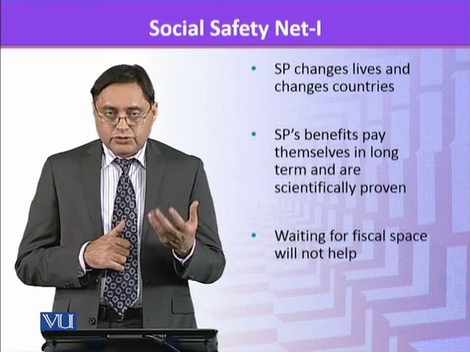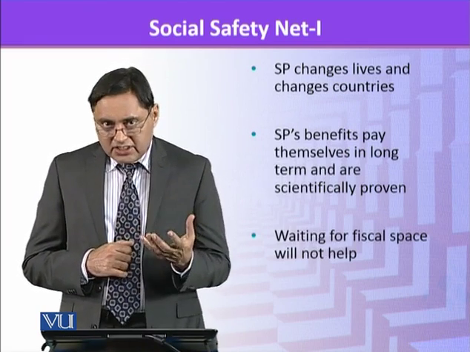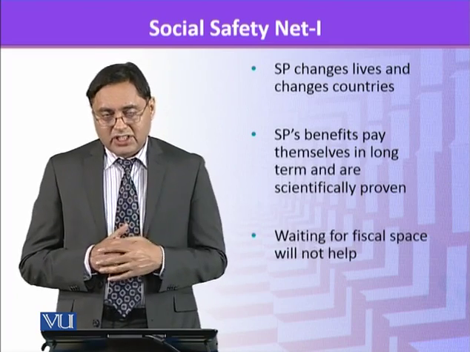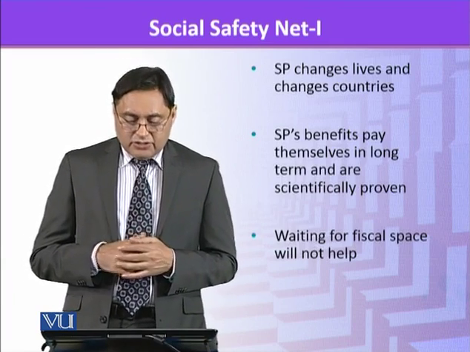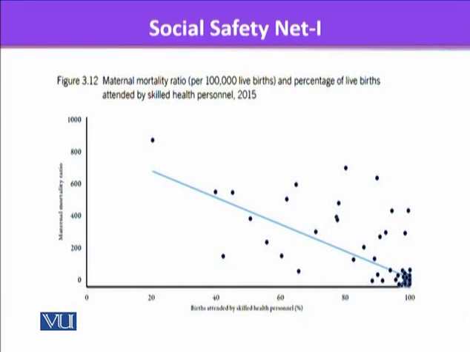They will contribute to the economic growth of the country. So waiting for the fiscal space to help the elderly, to help children, to help women is not going to help. This is the graph which shows that if you spend money, things will change.